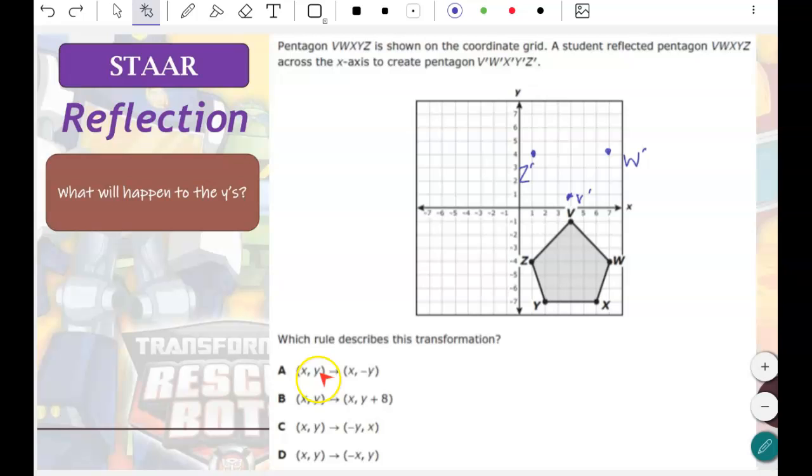So then we're looking for that rule, original, new, X stays the same, Y is the opposite. That is correct. Look at B. Yes, that is not correct. This one, they switched this around. That's not right. And then here, it was reflected over the y-axis.